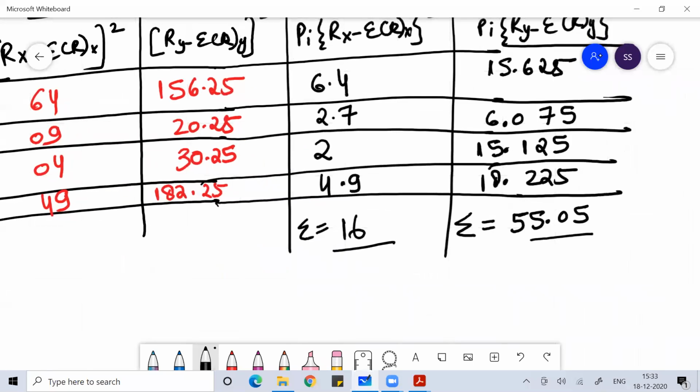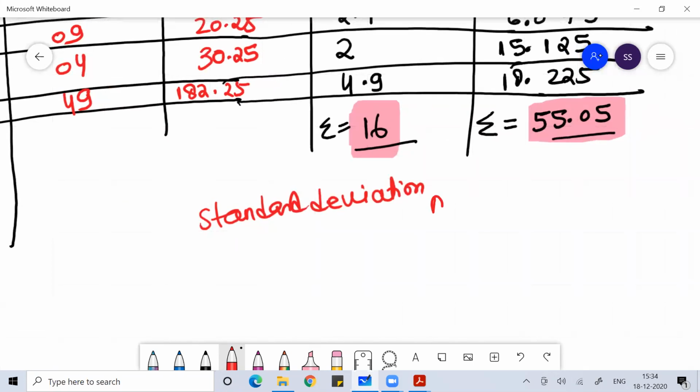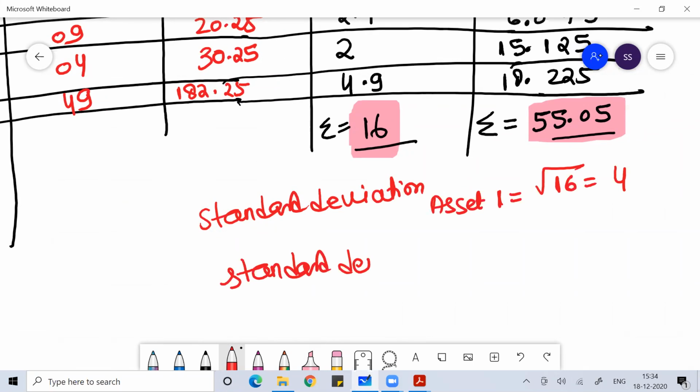So this is the variance of asset 1. This is the variance of asset 2. If you want the standard deviation, the standard deviation of asset 1 is square root of 16, which means 4, and the standard deviation of asset 2 is equal to square root of 55.05.